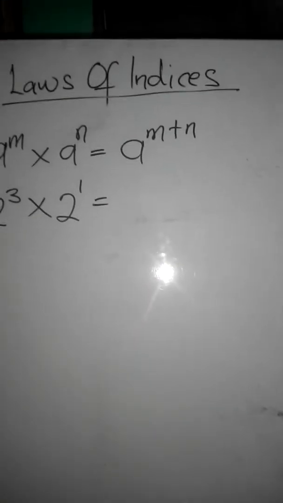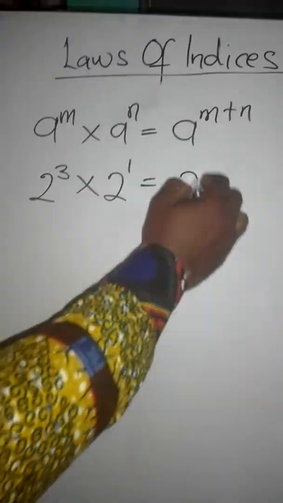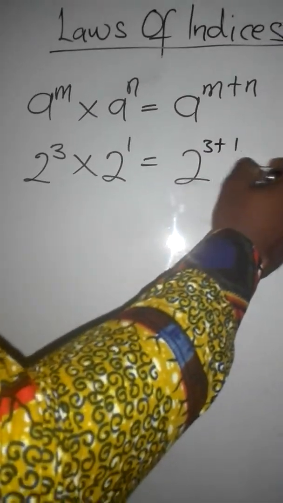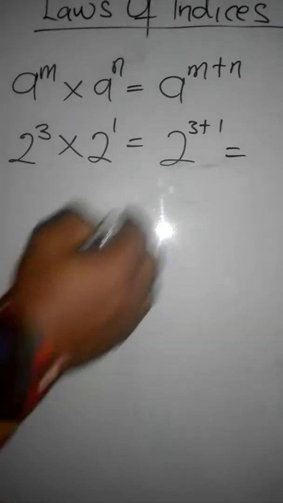A therefore becomes m plus n. Let's take an example. 2 to the power 3 times 2 to the power 1. Since the bases are the same, we write 2 and we add the powers. 3 plus 1 will give us 4. So it becomes 2 to the power 4.